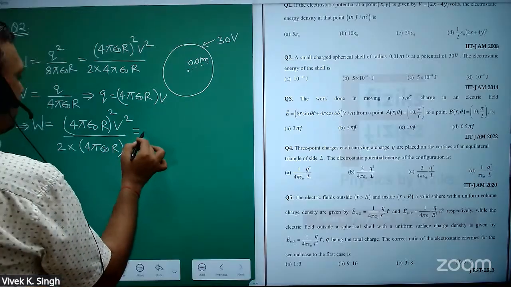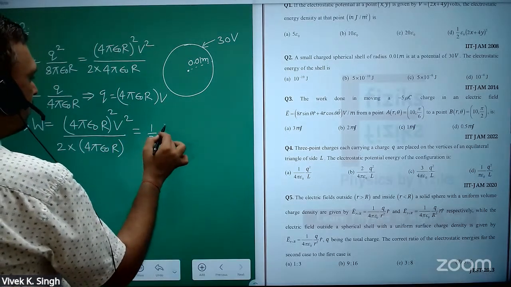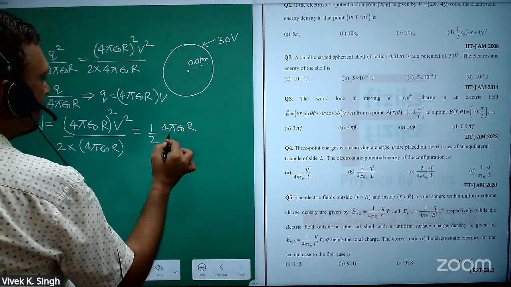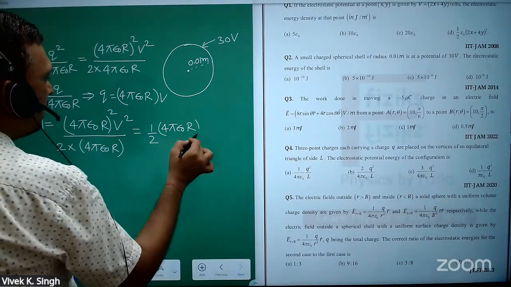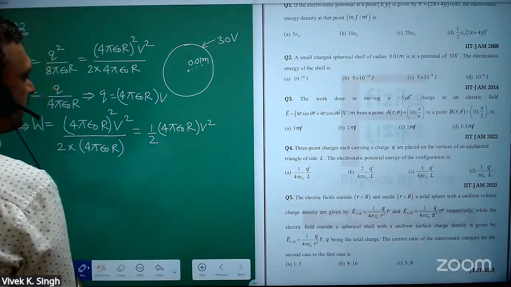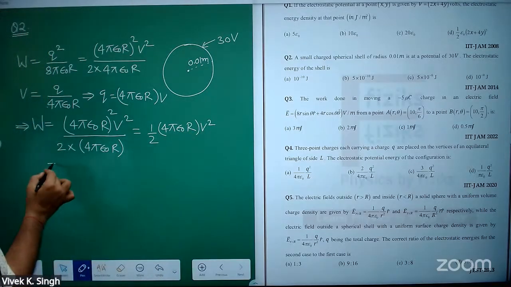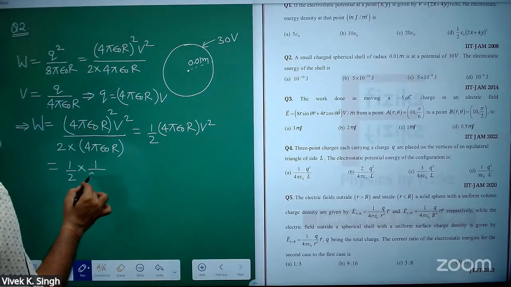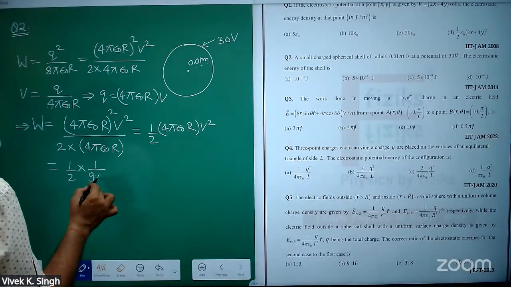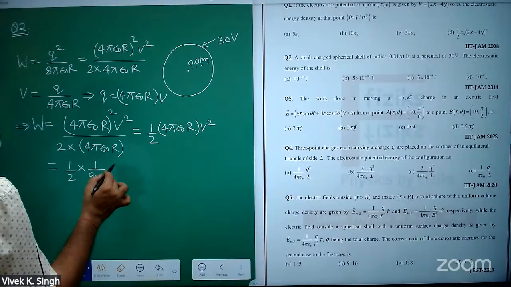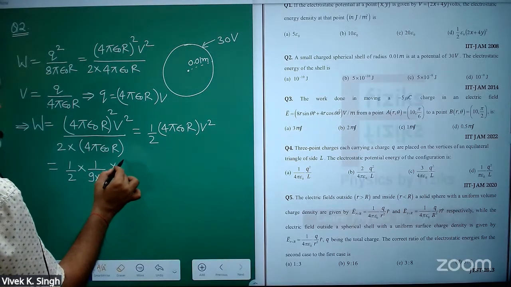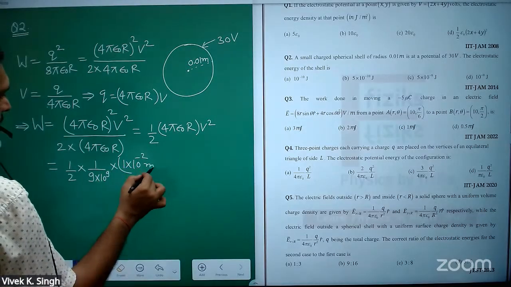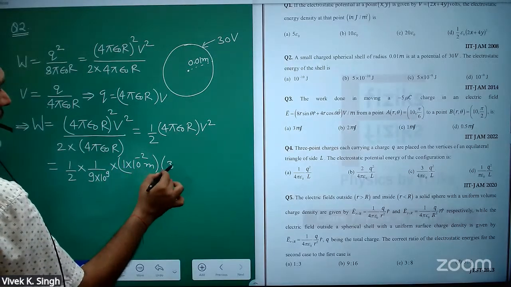So this value is 1 by 2, 4 pi epsilon naught into R into V square. So 1 by 2, 4 pi epsilon naught is 1 by 9 into 10 to power 9. R is given as 1 into 10 to power minus 2 meter. And V is given by 30 whole square.